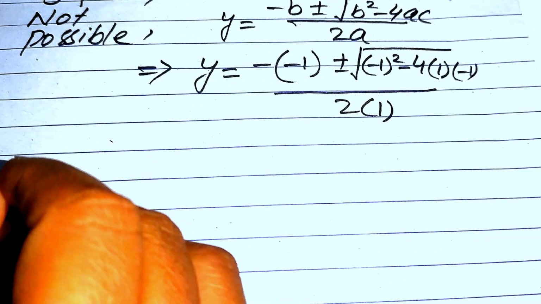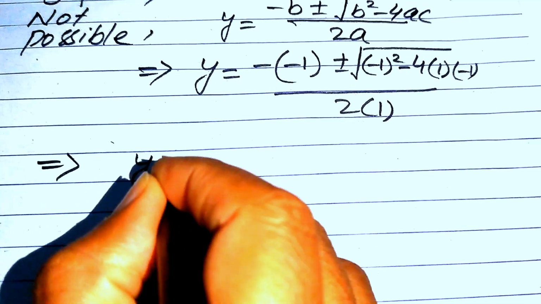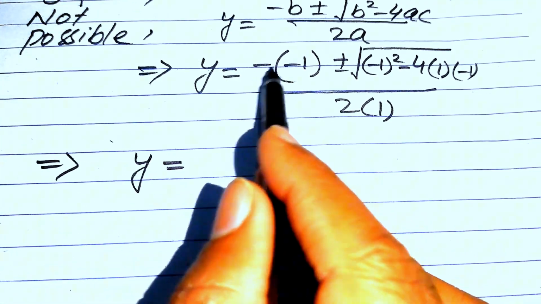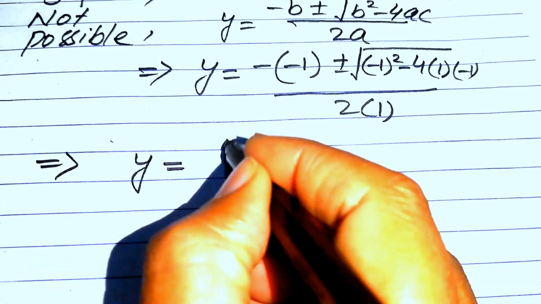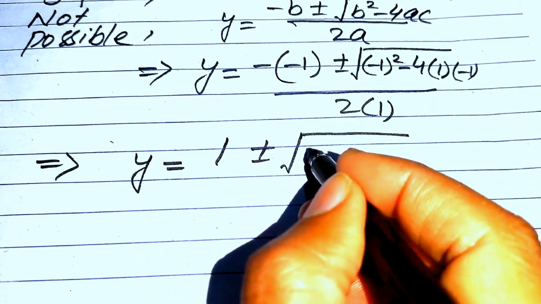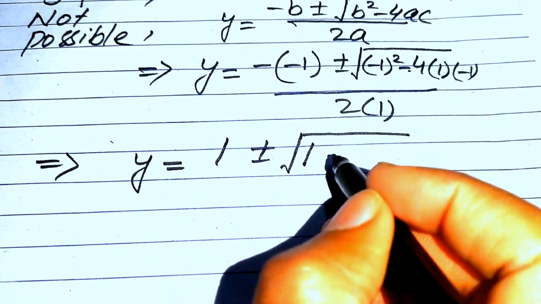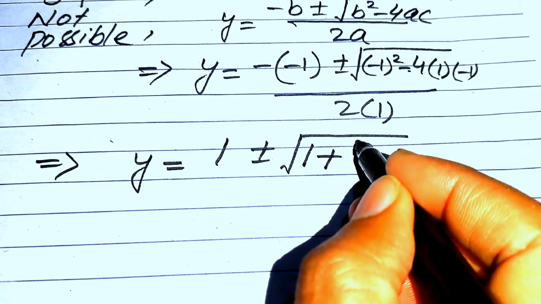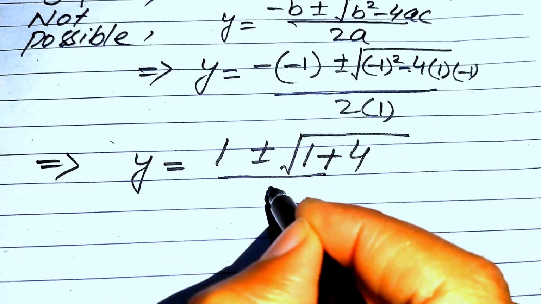In the next step, we have y equals, minus times minus becomes plus 1, plus minus square root of minus 1 squared is plus 1, and minus times minus is plus, 4 times 1 is 4, divided by 2.